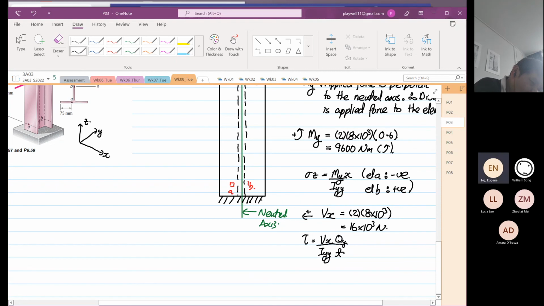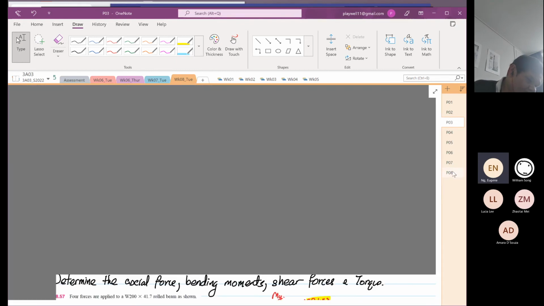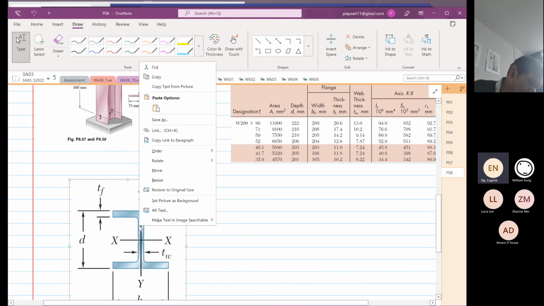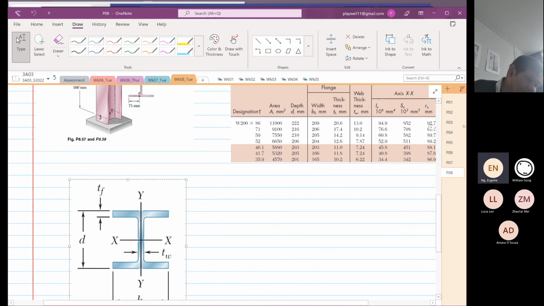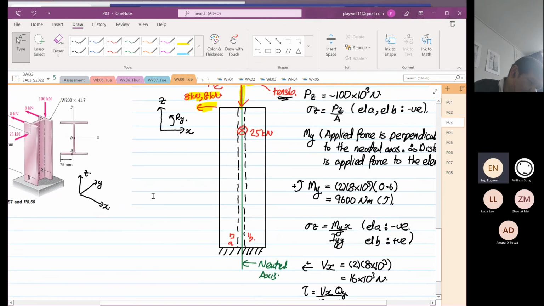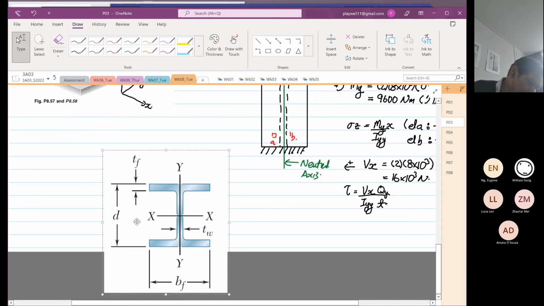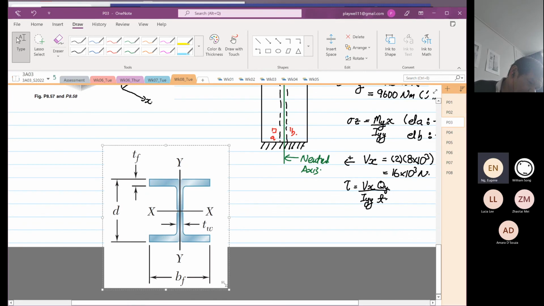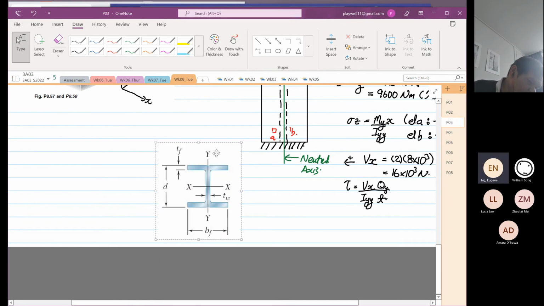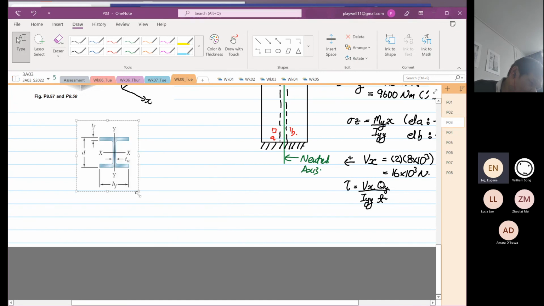Qy over t. So let's look at the cross-sectional view. We have to look at the cross-sectional view for this case. So I'm going to come here, get this diagram, and paste it over here. As I mentioned again, I'm going to let the diagram be big down here.